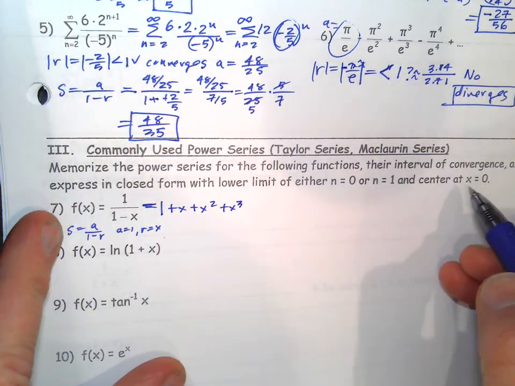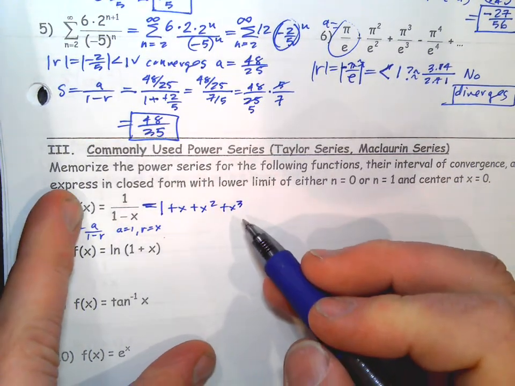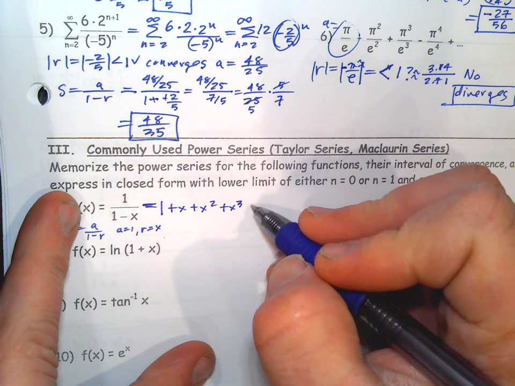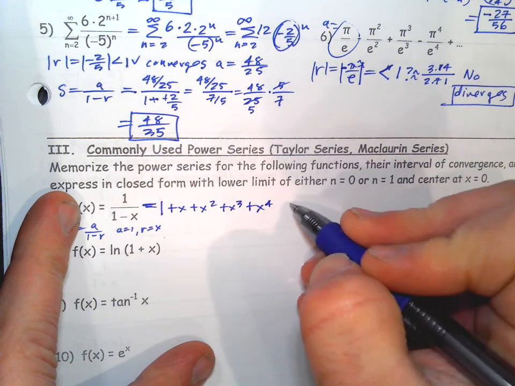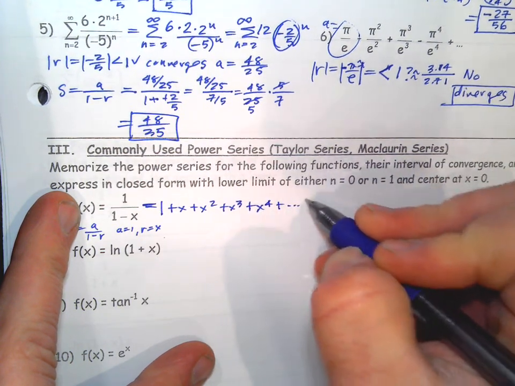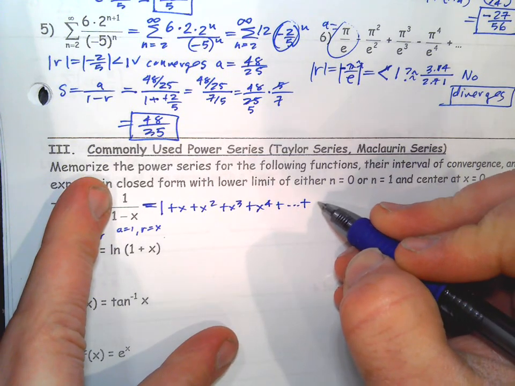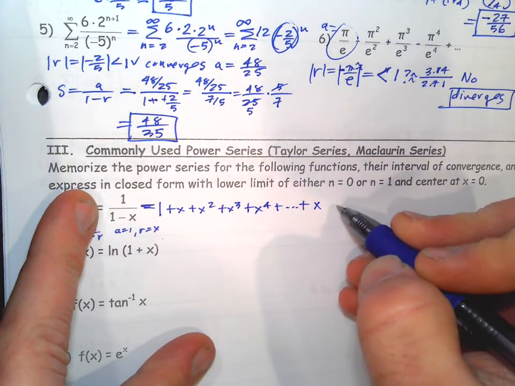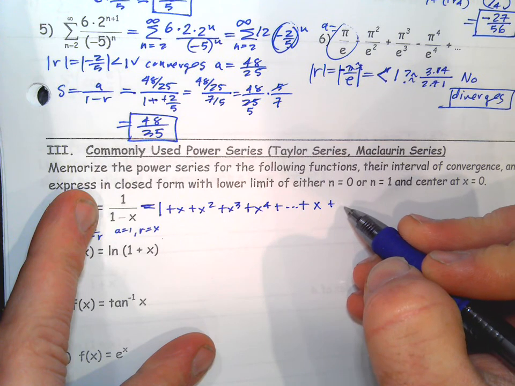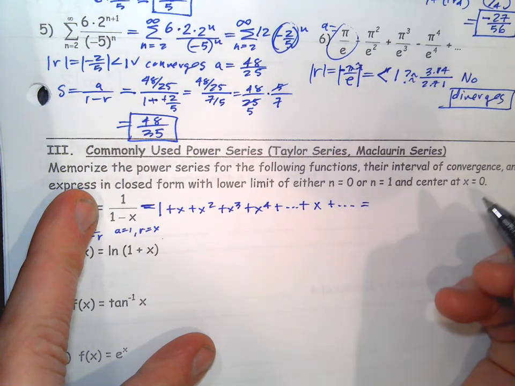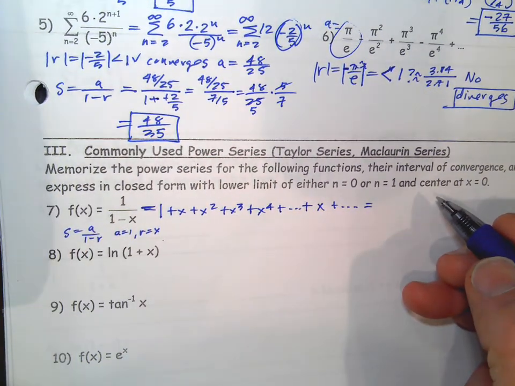Now it says, I don't know, probably on the test I'll make you write 4 or 5 terms. And then we could write the general term x to the n, which is the hardest part of writing the closed form because I want open and closed form.